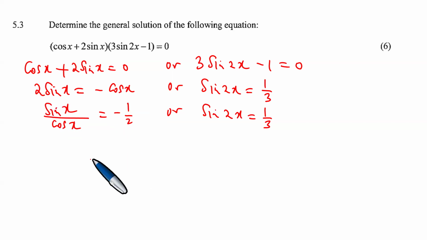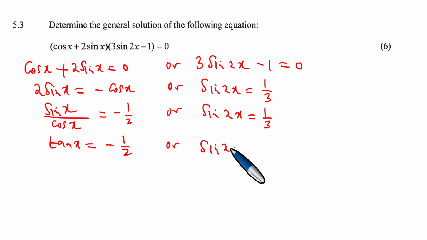Now, the sine of x over the cosine of x gives us the tangent of x, and this is equal to minus 1/2, or the sine of 2x equals exactly 1/3, like so.